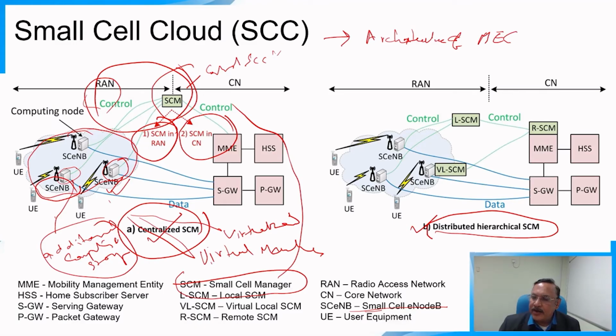So, the SCM can be deployed in a distributed hierarchical manner, where the local SCM, LSCM, or a virtual local SCM, manages the computing and storage resources of the SCENB cluster in the vicinity, while a remote SCM, that is RSCM, located in the core network, that is in the CN, has the resources of all the SCENBs connected to the core network at its disposal.